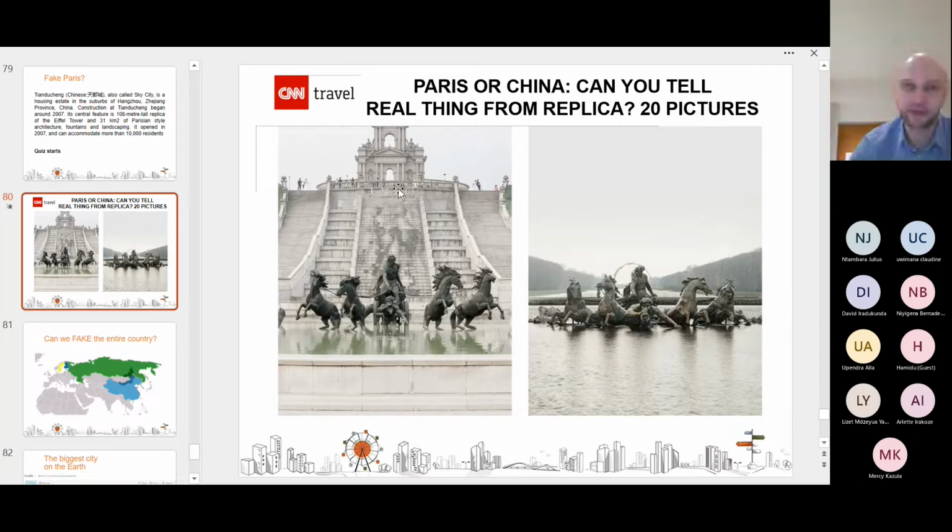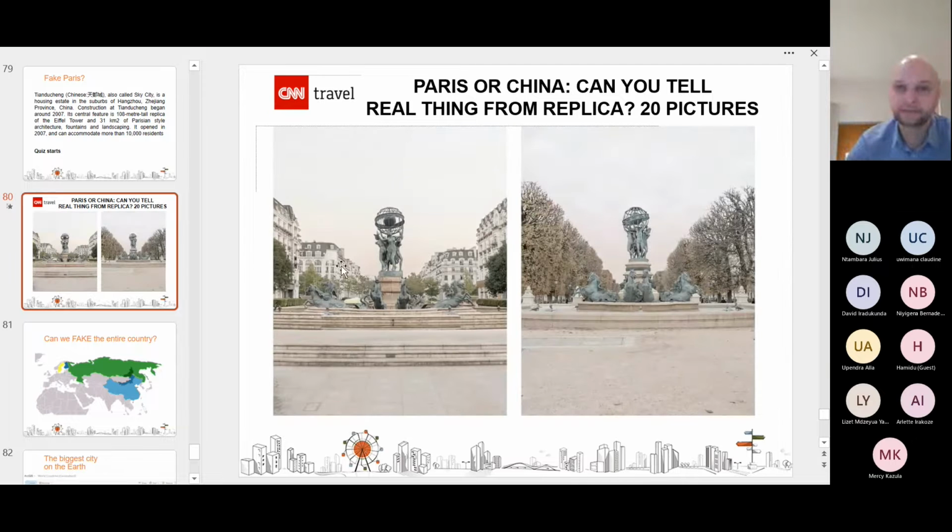So we can skip it, because on the left side you can see hieroglyphs and you can easily distinguish Paris from the Chinese city. So let's compare the buildings, the streets, the monuments in the cities. Guess where Paris is, left or right?